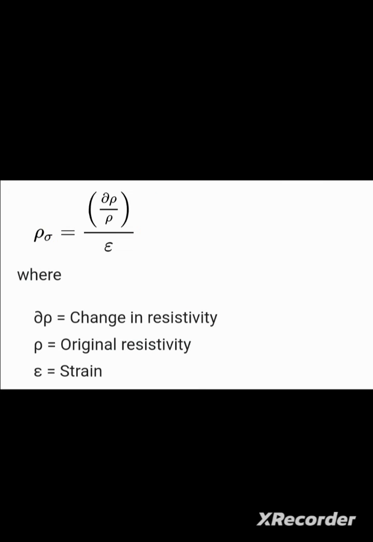So that's all about the piezoresistors. We have seen how piezoresistors can be fabricated using the silicon microelectronics fabrication process, and silicon and germanium are the materials used for making the piezoresistors. Once the piezoresistors are fabricated, they can be used as an accelerometer, for example, or a pressure sensor.